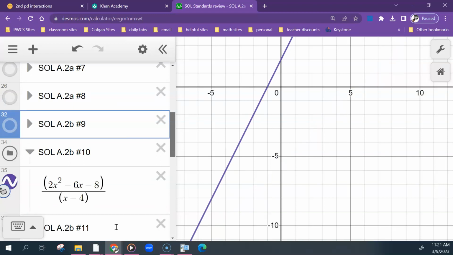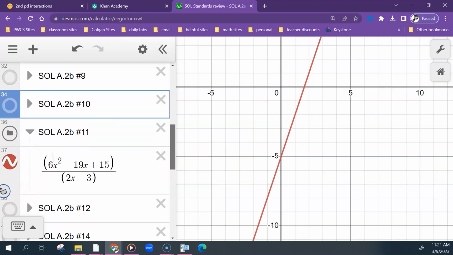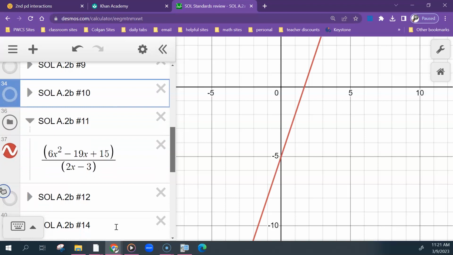Same with this one. Type in the equation, 2x plus 2. The parentheses way we'll talk about later. Same thing with 11. Y-intercept at -5, slope is 3, so 3x minus 5.